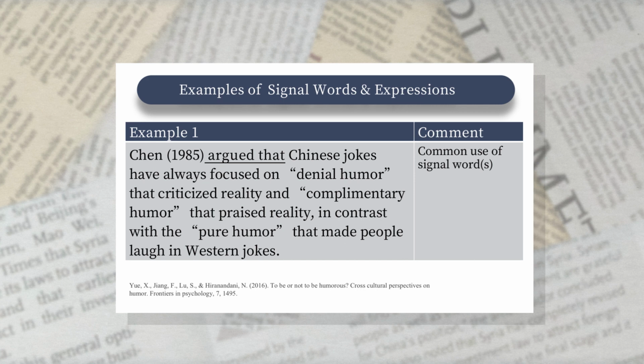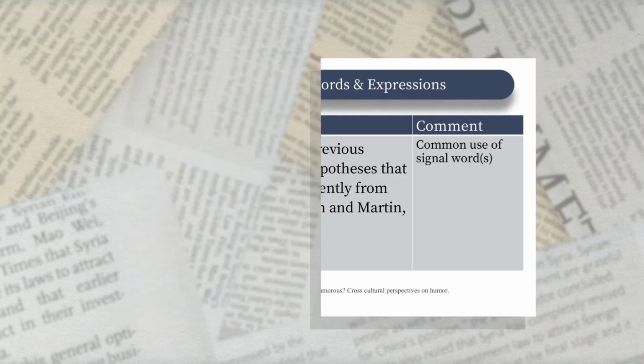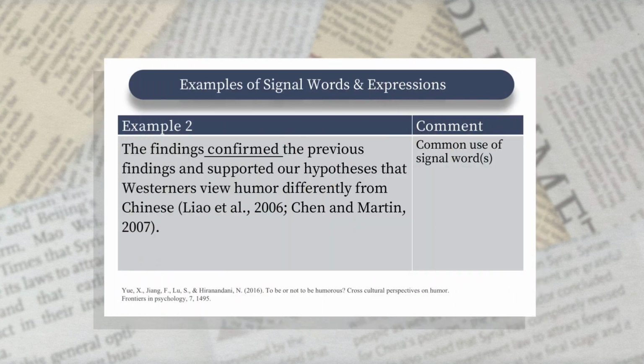Now you can see when I used "argued," which is to prepare the reader for a shift of thinking in this expression. Here is another example. The findings confirmed the previous findings and supported our hypothesis that Westerners view humor differently from Chinese.